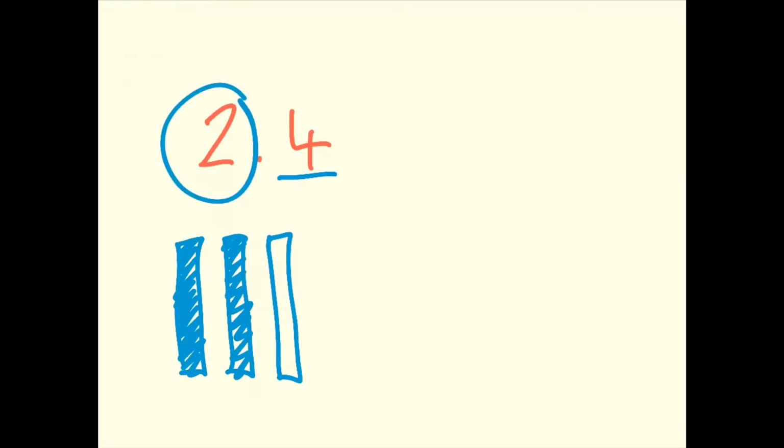And then this one here is broken into 10 parts. Obviously they would be even parts, mine are not very even. And we can see that we've got 2 wholes and then we've got only 4 of the tenths left. So imagine that these are beautifully coloured in. So you can see that that is the same as that 2 and 4 tenths.